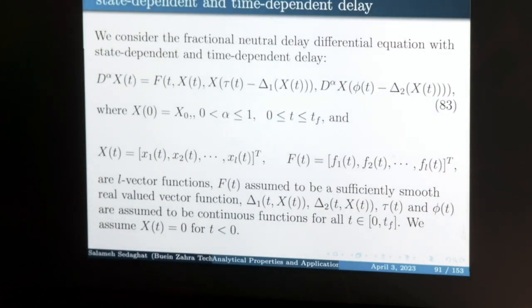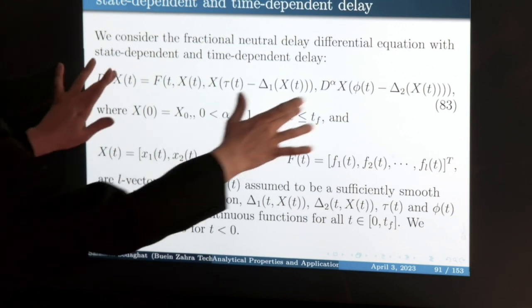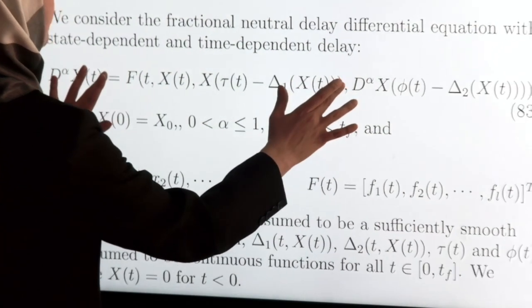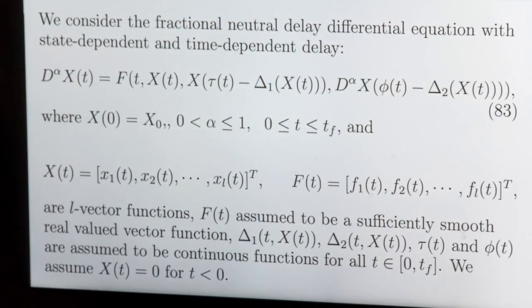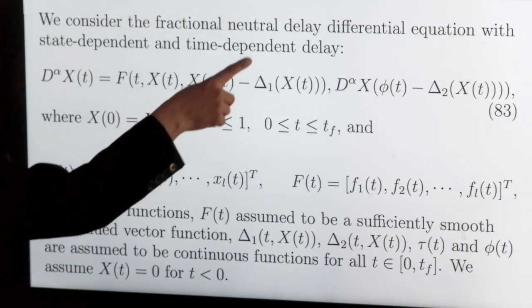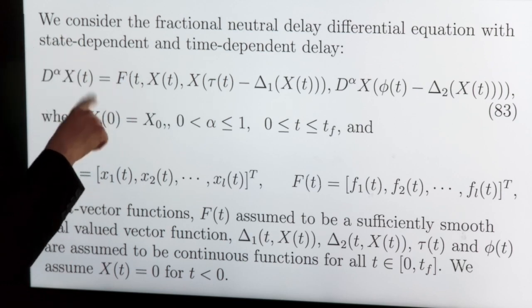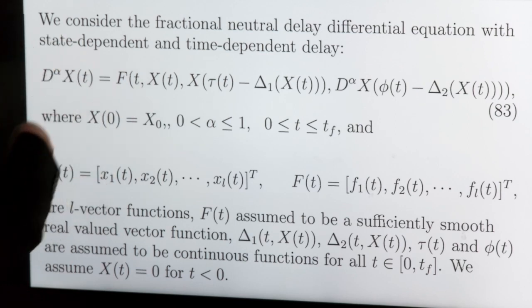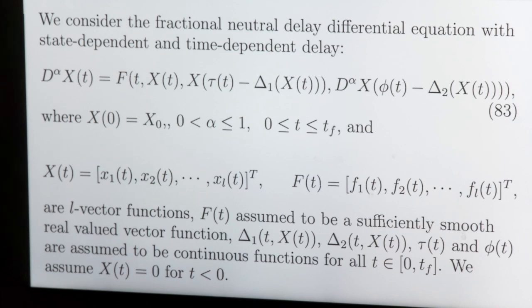In this section, I want to use orthogonal polynomials for solving fractional neutral delay differential equations. We investigated these equations and used a base function for solving them. Now I want to use Legendre or Jacobi polynomials. We know that Legendre polynomials are a special case of Jacobi polynomials.